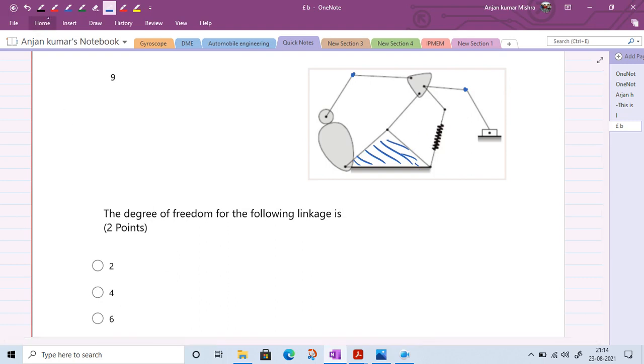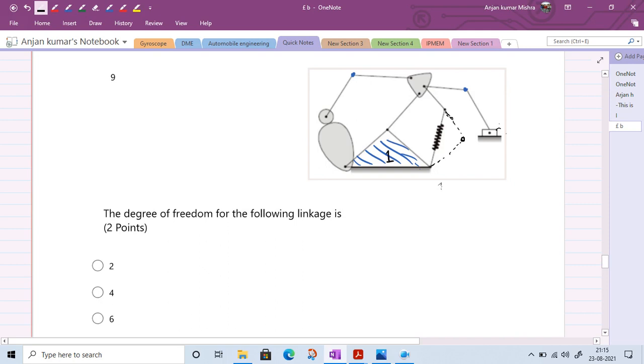As I have already told you, if there is a spring connection, we can convert this spring connection to 2 links joined by a turning pair. So here I am showing this in dotted line. So one turning pair is there. Now we can calculate the number of links first.